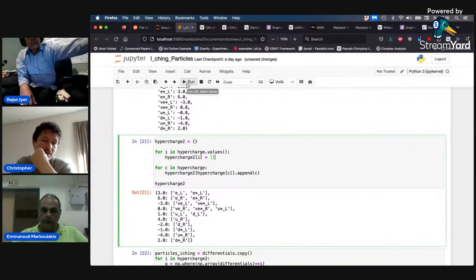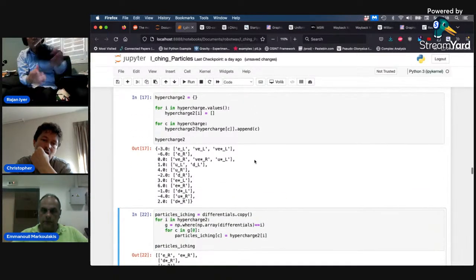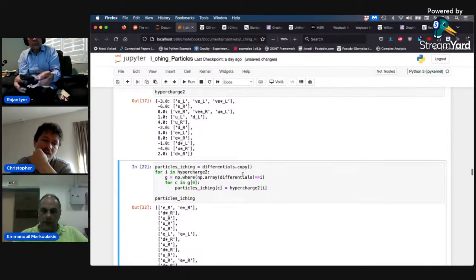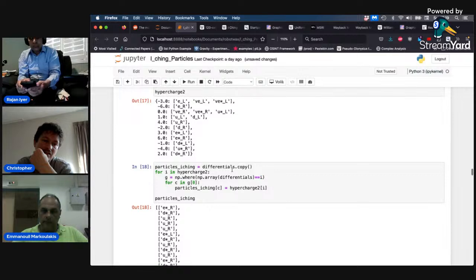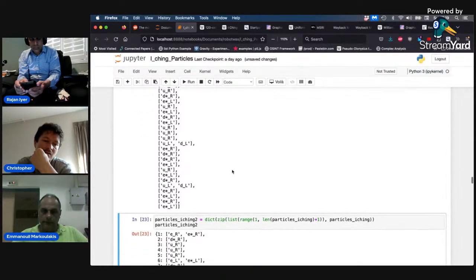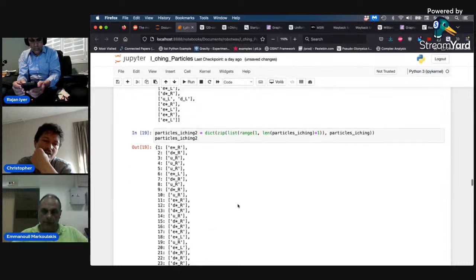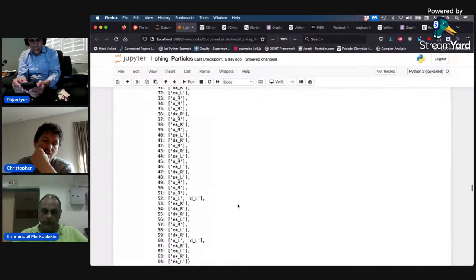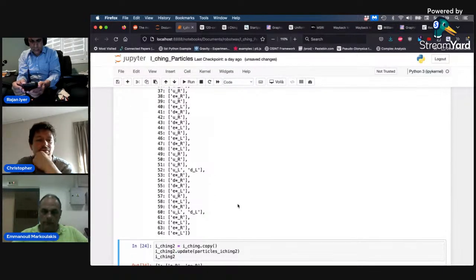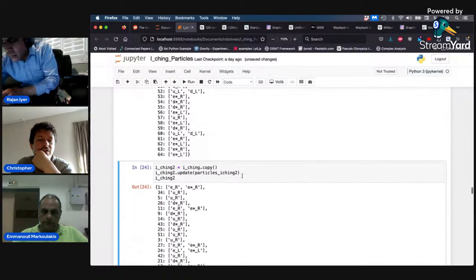I'll just run this again because we made some changes, and it does seem to affect the order of things, which is something that could be studied later on. It's kind of interesting. It seems to have made everything much more streamlined, actually, which is good.